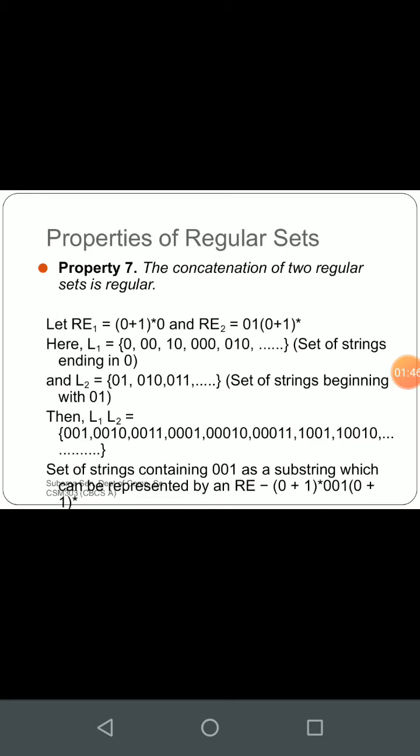Whatever the outcome will be, the smallest mandatory substring here is 001. So there should be 001 in the string, and it can have any number of 0s and 1s around it, or none. So it will be (0+1)* followed by 001 followed by (0+1)*. It is again a regular expression. So the concatenation of two regular sets is regular.